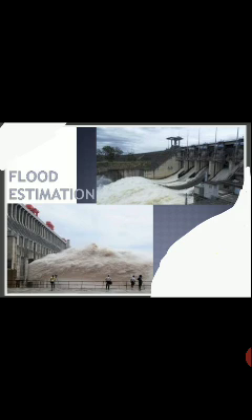Maximum probable flood. The maximum probable flood is the flood that may be expected from the most severe combination of critical meteorological and hydrologic conditions that are reasonably possible in the region. It is estimated from the maximum probable storm applying the unit hydrograph principle.